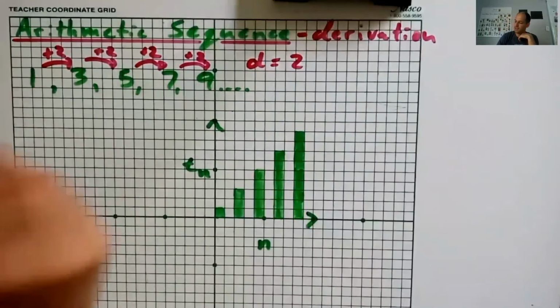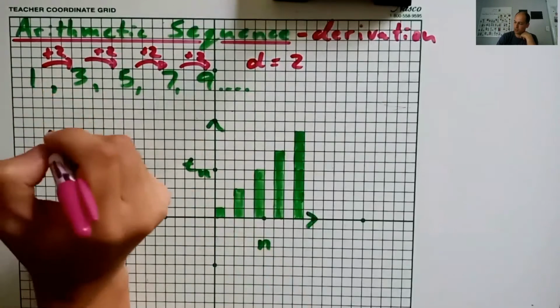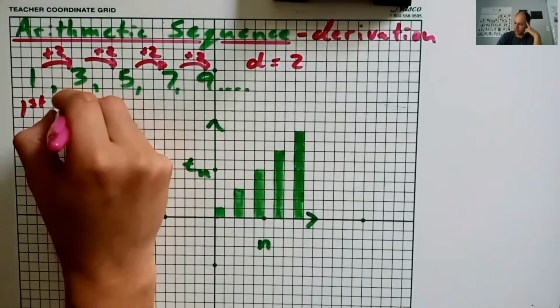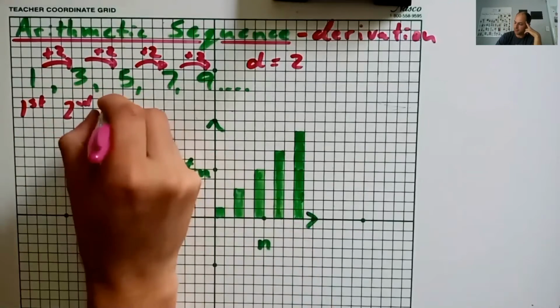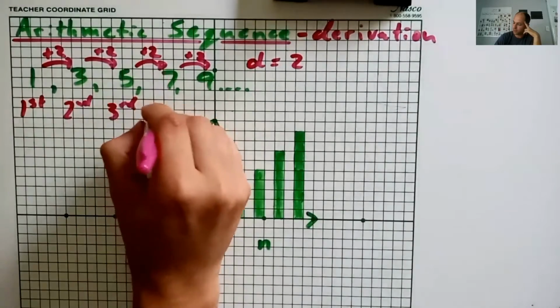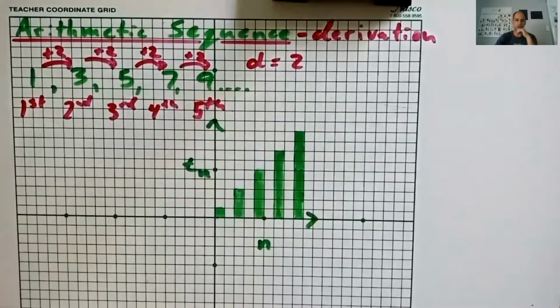And each of these terms has a term number. For example, the first term, which happens to be 1, the second term is 3, the third term is 5, the fourth term is 7, and the fifth term in this sequence is 9. We call that the n value.